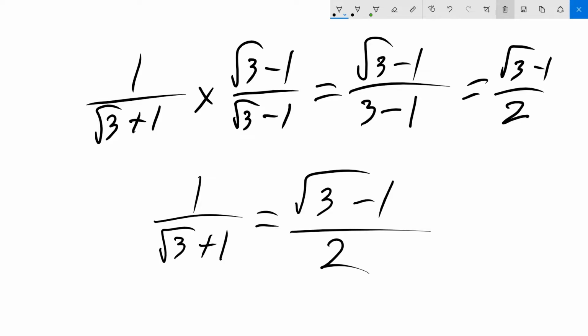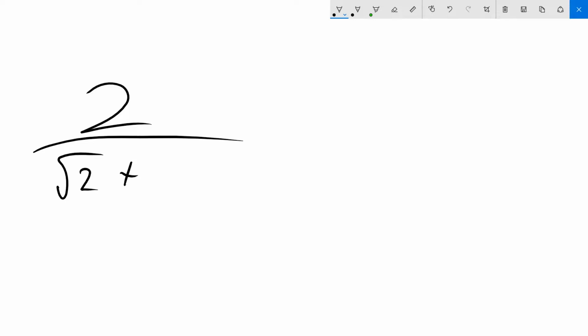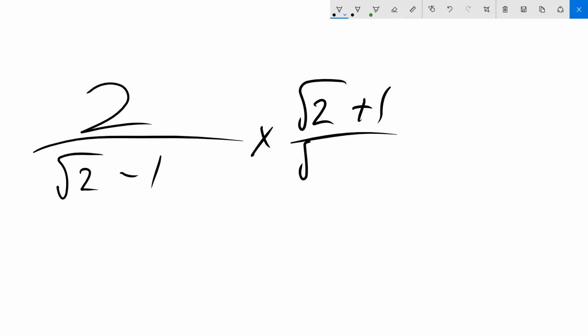So we'll go through one more example where the numerator is not 1, and we'll do 2 over root 2 minus 1 this time. So we're going to times it by root 2 plus 1 over root 2 plus 1. Alright, because it's the complement of root 2 minus 1.